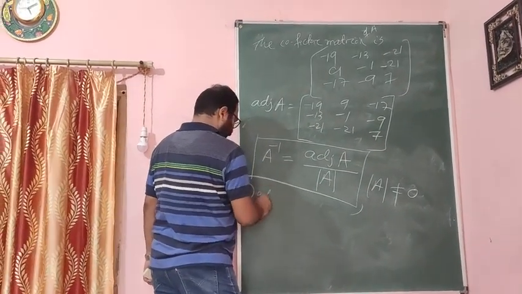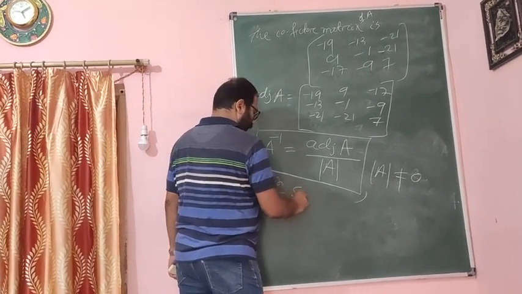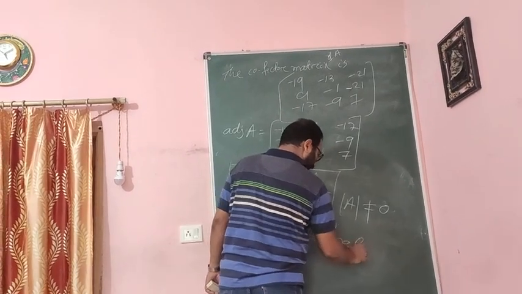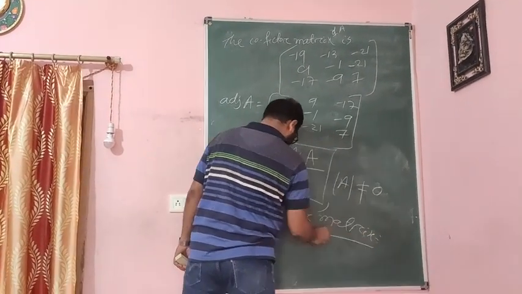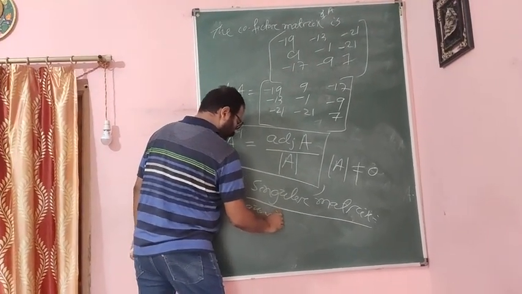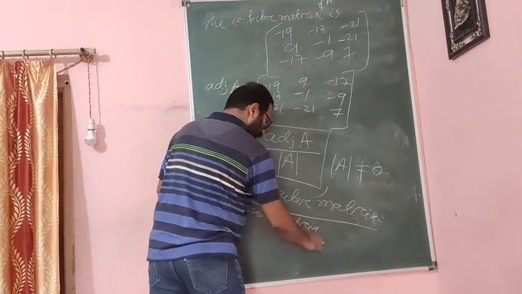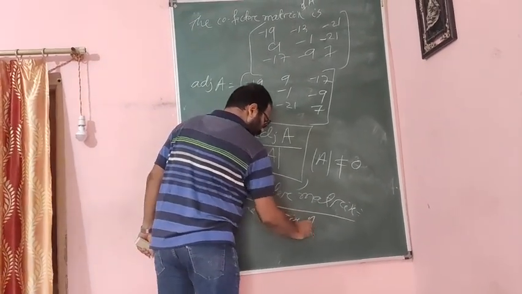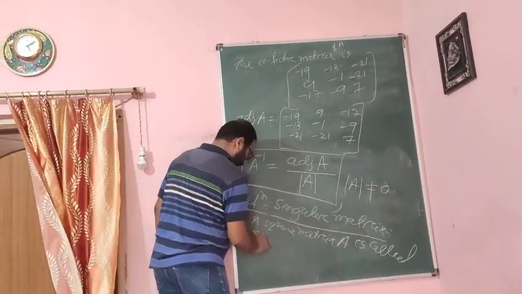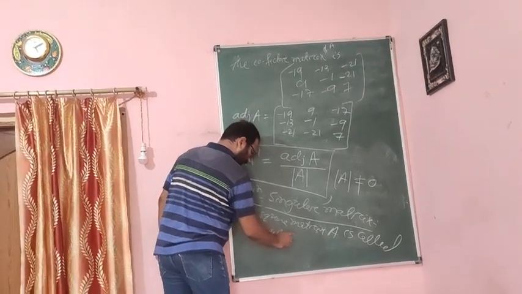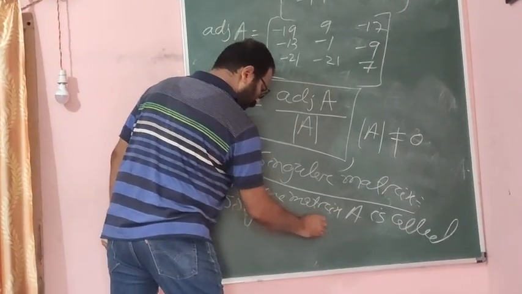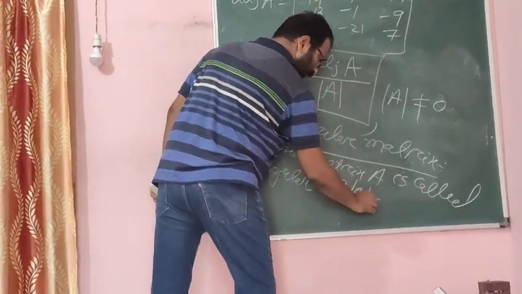Definition: a square matrix A is called singular if its determinant is equal to 0.